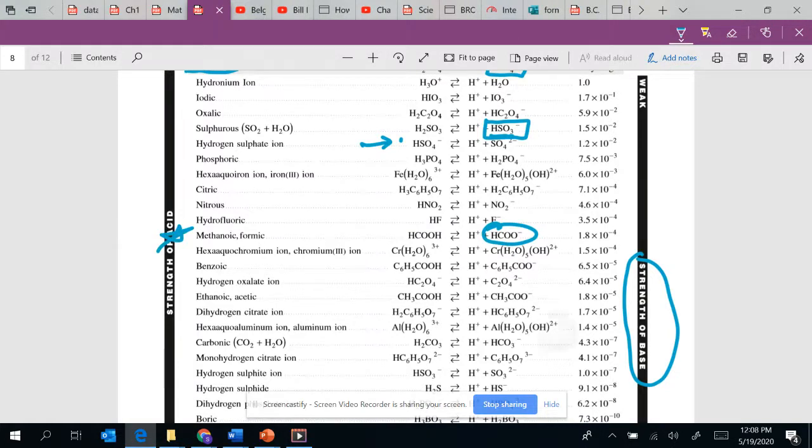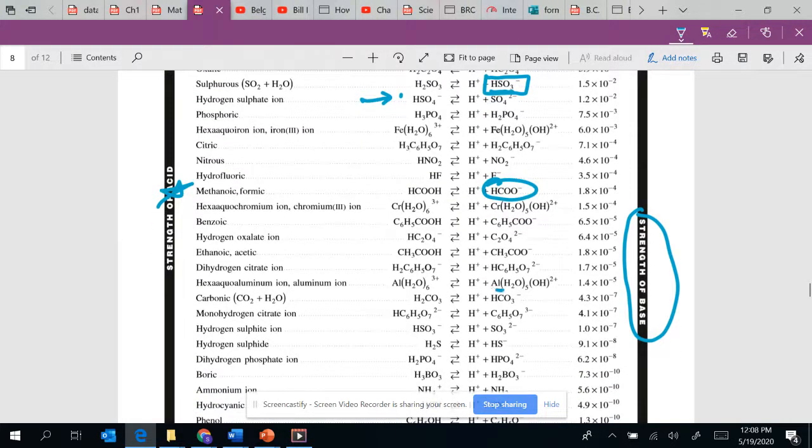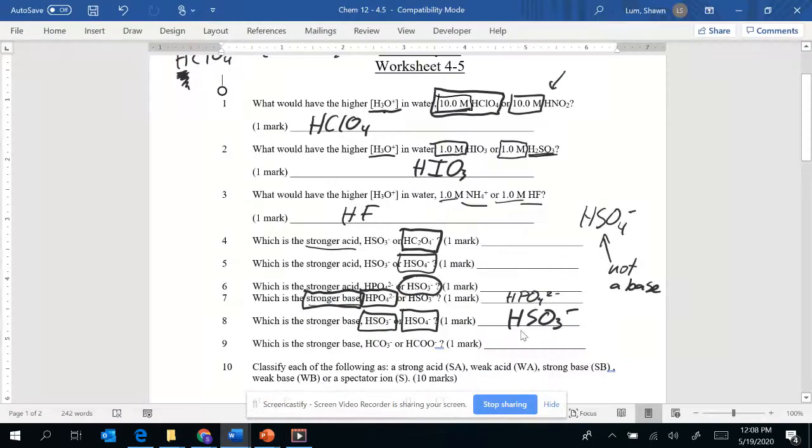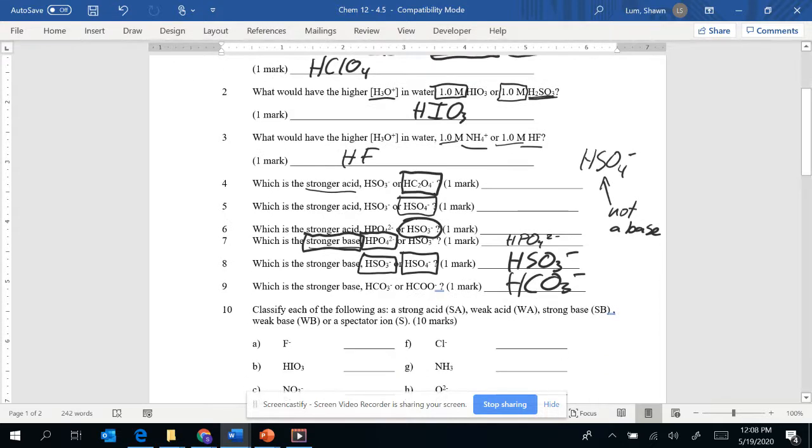Let's find HCO3. There it is. Okay. So stronger base further down. So it's carbonic or HCO3, hydrogen carbonate. There. Okay. So the idea for the first 9 questions is to help you get used to using that table.